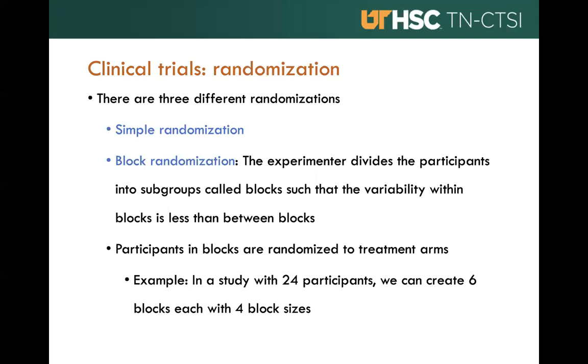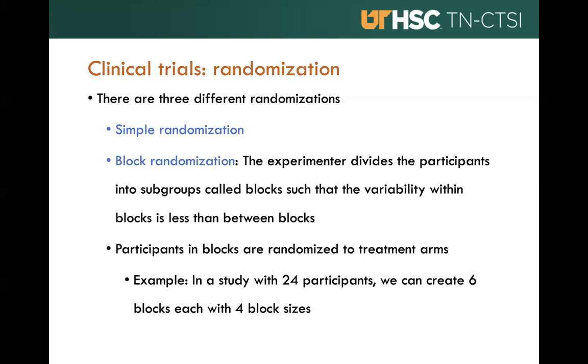Block randomization is another randomization mechanism. In block randomization, the experimenter divides the participants into subgroups called blocks, such that the variability within a block is less than between the blocks. So randomization can take place within the block. So if, say, we have 24 participants, we can create 6 blocks, each block having 4 participants.